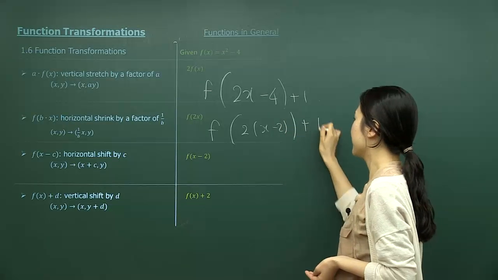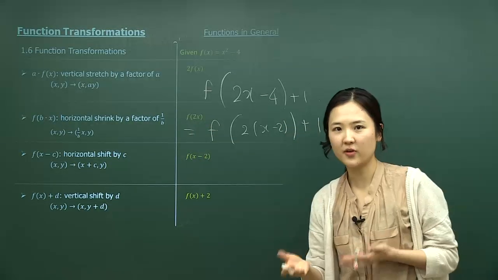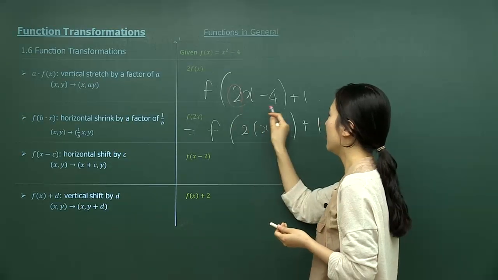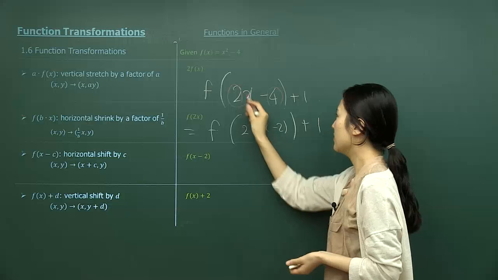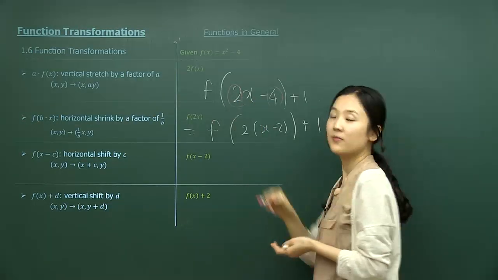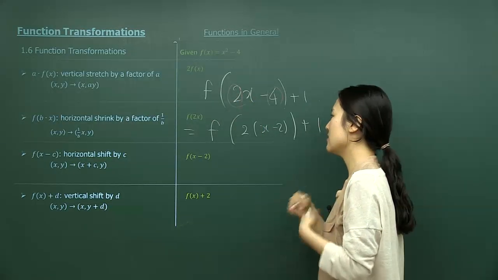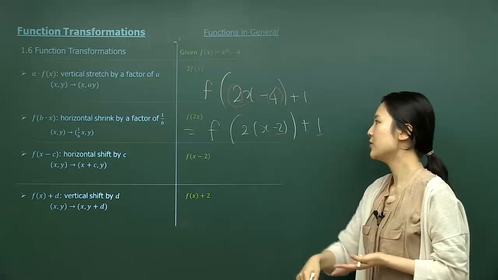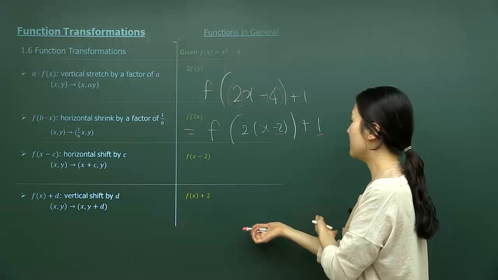Can you see what I did? I didn't really change the function notation. All I did was factor the 2 out, because there was a 2 in front of x. The reason I did that is to do the translation later. I will show you what I mean with the graph in a minute.